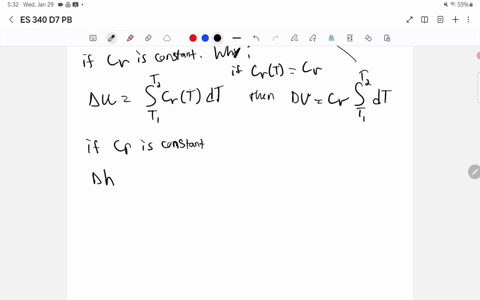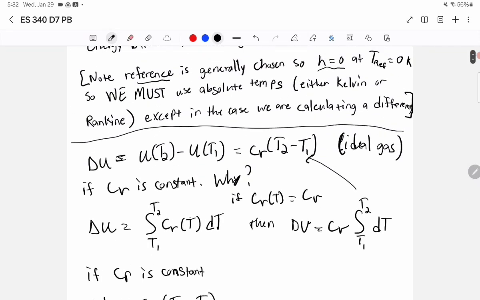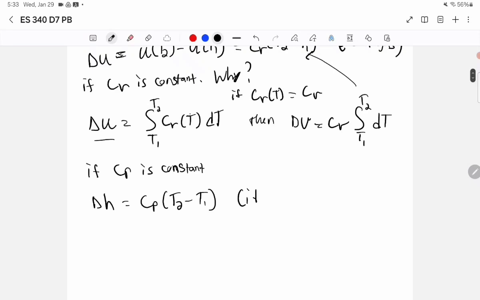Delta H is equal to Cp times T2 minus T1, or Cp delta T. So CV delta T for delta U, and Cp delta T for delta H, again, these are for ideal gas, where this is obviously the enthalpy and this is the internal energy up here, the U, right?